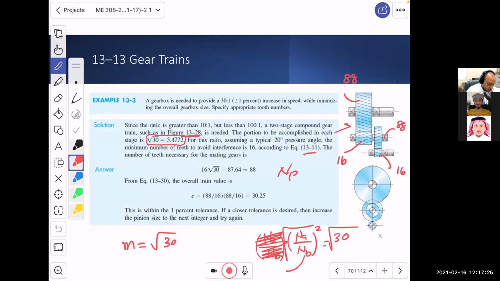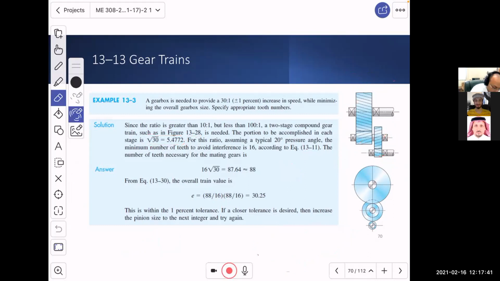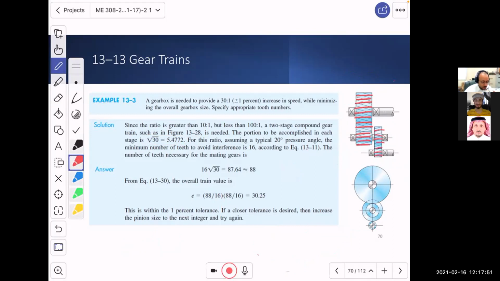Maybe it was solved for a spur gear, but they are telling us that the arrangement of the gearing is true in the sense that this gear thing doesn't have to be helical. This can be done with a spur gear. So it doesn't matter. That's what I want you to know.